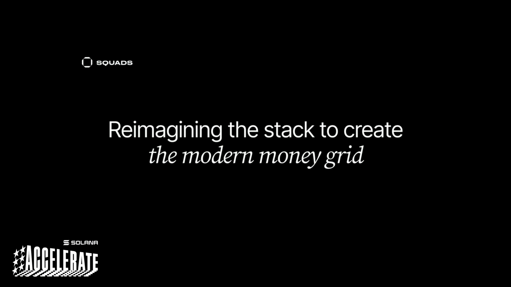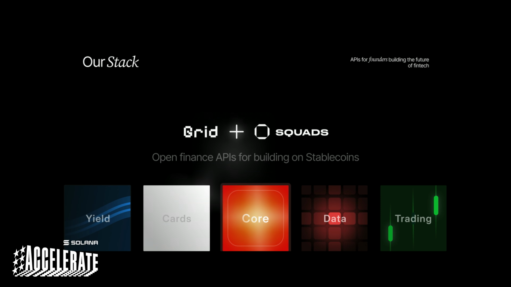Over the last few months, we've spent some time at Squads reimagining the stack to create the modern money grid. What will it take to get to this scale? Which is why today we're really excited to announce Grid. Grid is an open finance API to building on stablecoins.